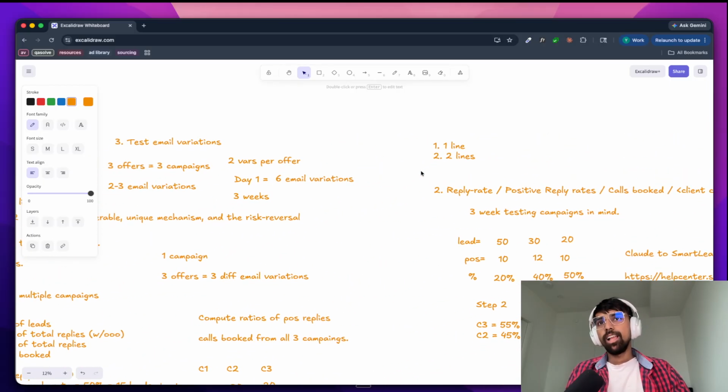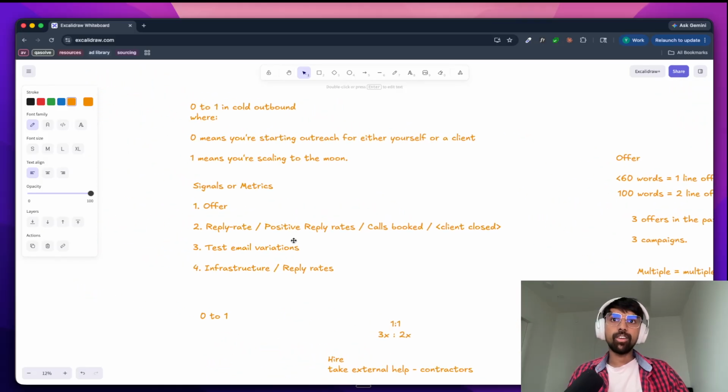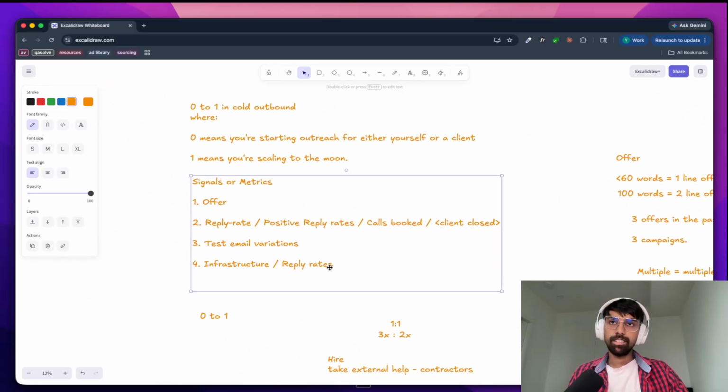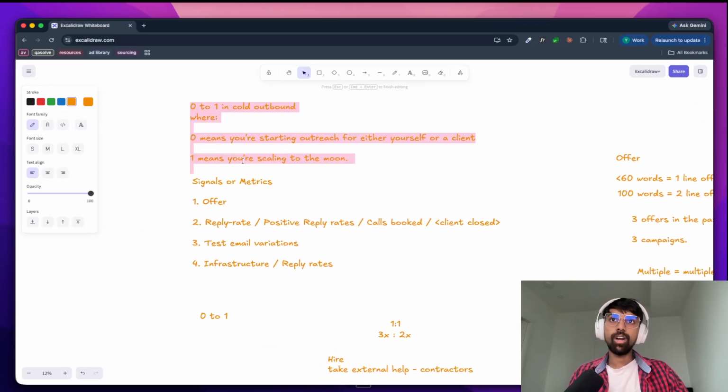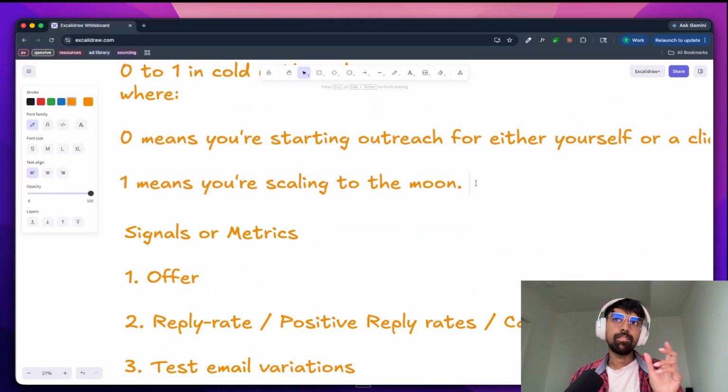So as I've said, once you have all of these four things dialed in, you are ready. You are ready to scale. You are at one, meaning you started from zero when you did not know what offer worked, what kind of email worked, whether a short punchy email works or whether a long personalized email works. You have all of that data now.